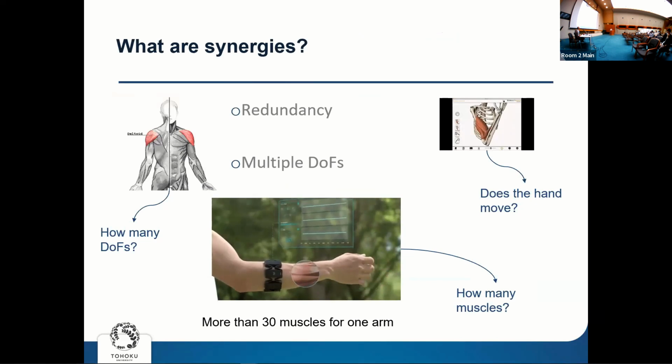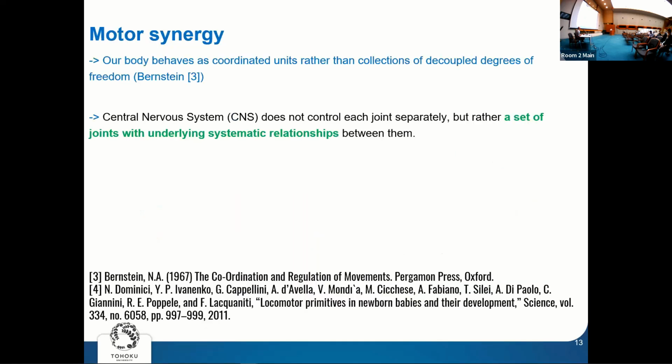When we look at joint usage, maybe you have heard about synergies, motor synergy. It means that in the redundancy, we employ very similar patterns across different persons. There is a specific spatial temporal pattern, and we call this synergies.